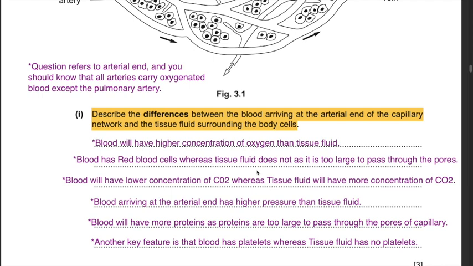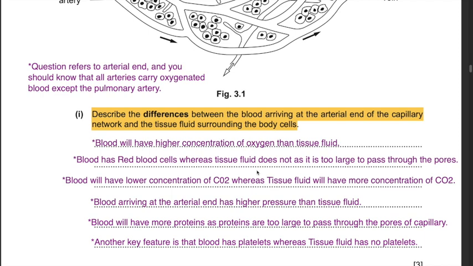What I would choose is ones which are easy to remember, which is regarding the difference in concentration of the gases. So the blood which arrives at the arterial end will have higher concentration of oxygen than tissue fluid. Blood will have lower concentration of carbon dioxide, whereas tissue fluid will have more concentration of carbon dioxide. Writing those 2 points already gives you 2 marks.